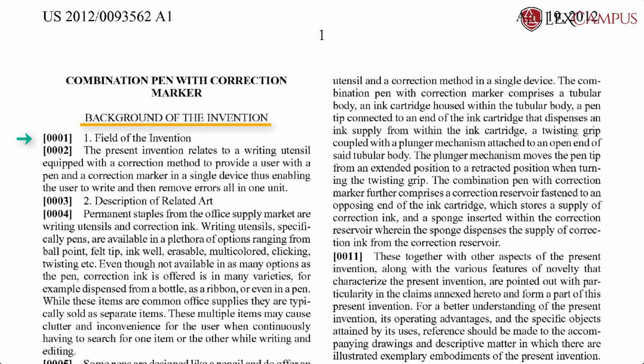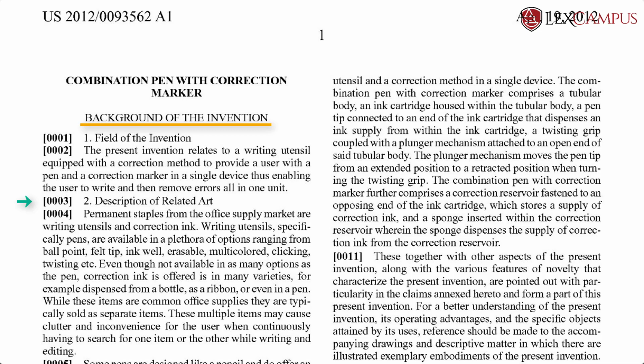The field of the invention will tell you to what field of technology the invention belongs. Then it may also have a heading called description of related art. Because inventions are never created in the abstract, there is always a prior knowledge or a prior art or a relevant art for the invention. There could be a description of prior art.